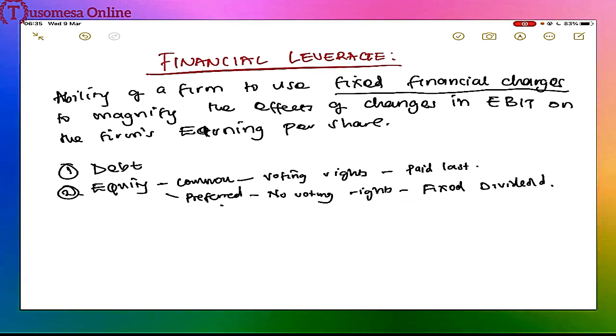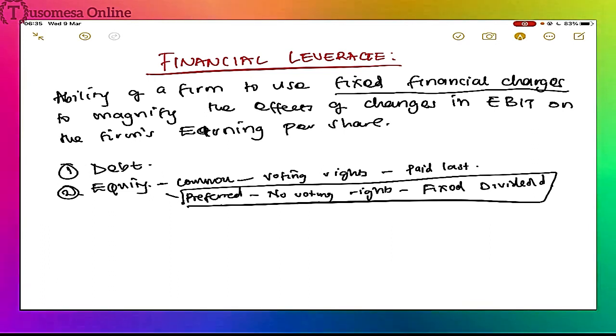Now, if you look at this, you find that for the preferred stock, they have a fixed dividend. And even for the debts, if you get a loan, there will be interest, which is also fixed. So those are the fixed financial charges we're talking about.